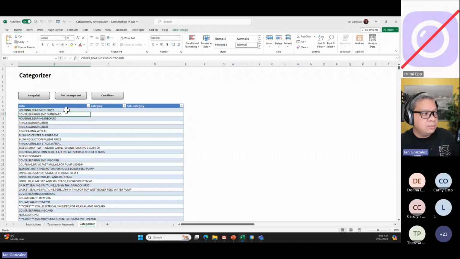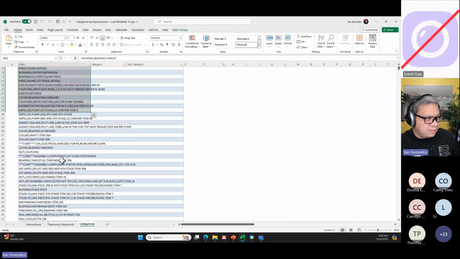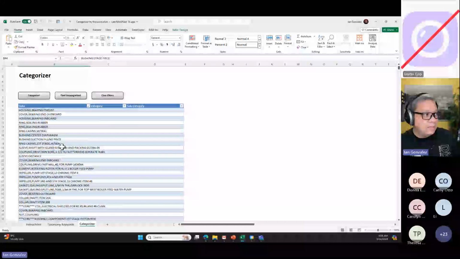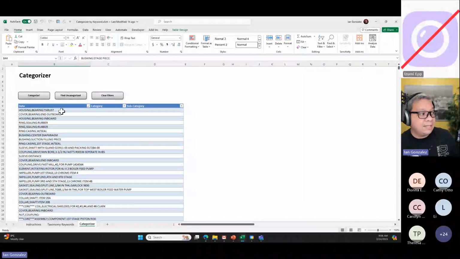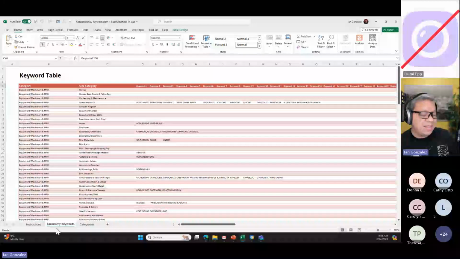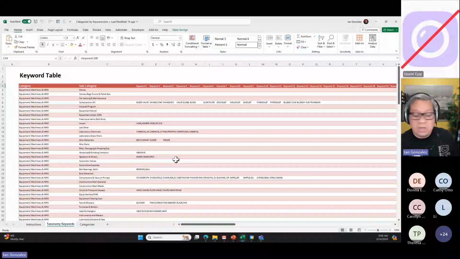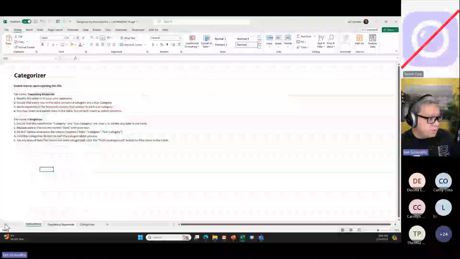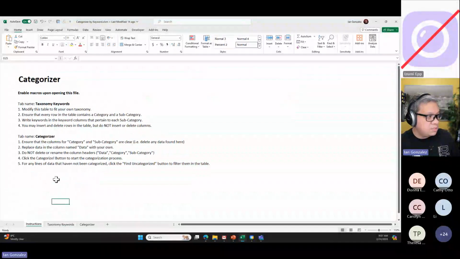As long as you can put it into a single column and paste it on this tool, it will very quickly try to categorize as much as it can. And as long as you keep developing your taxonomy keywords, you can get this up to 100% if you want to. It's just a matter of developing this. So I will go slowly through the instructions, how to use this, okay?